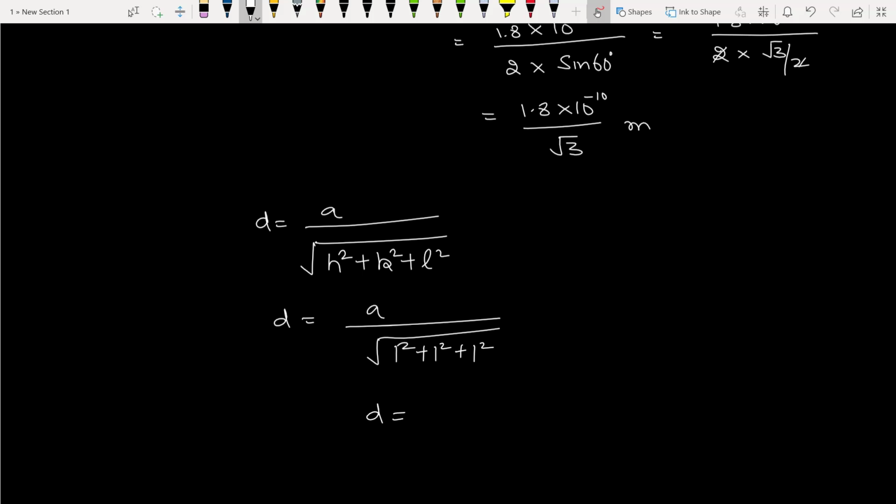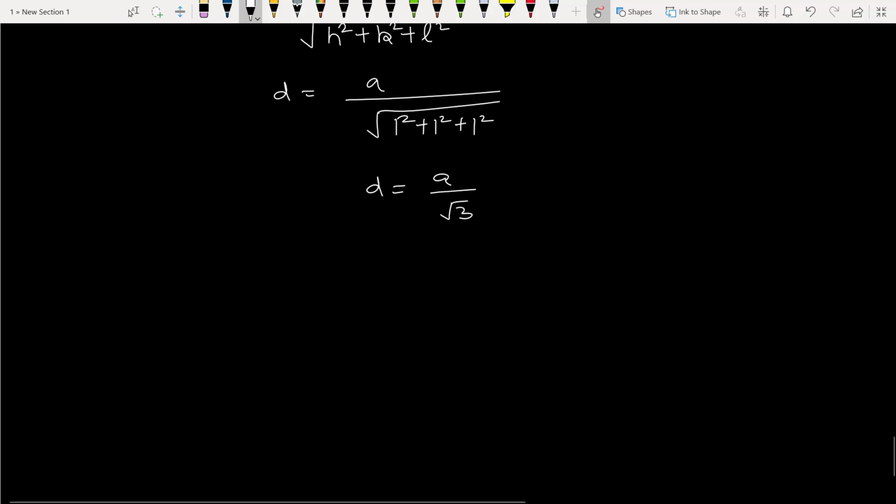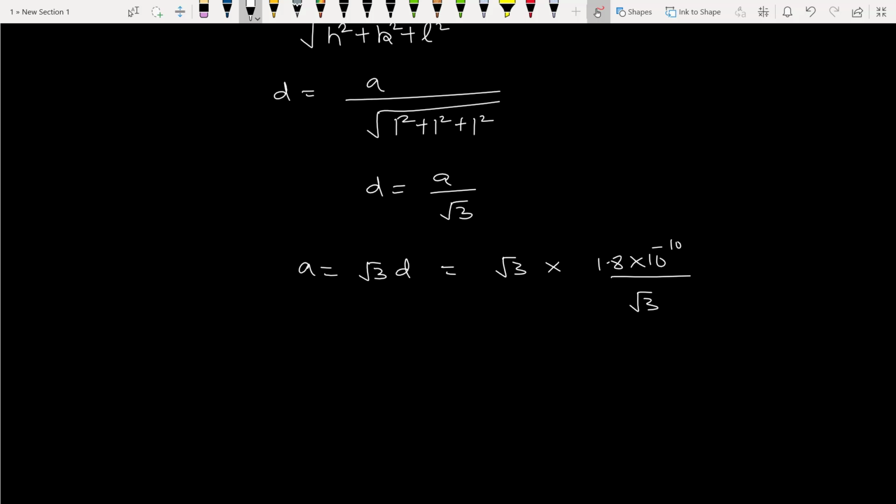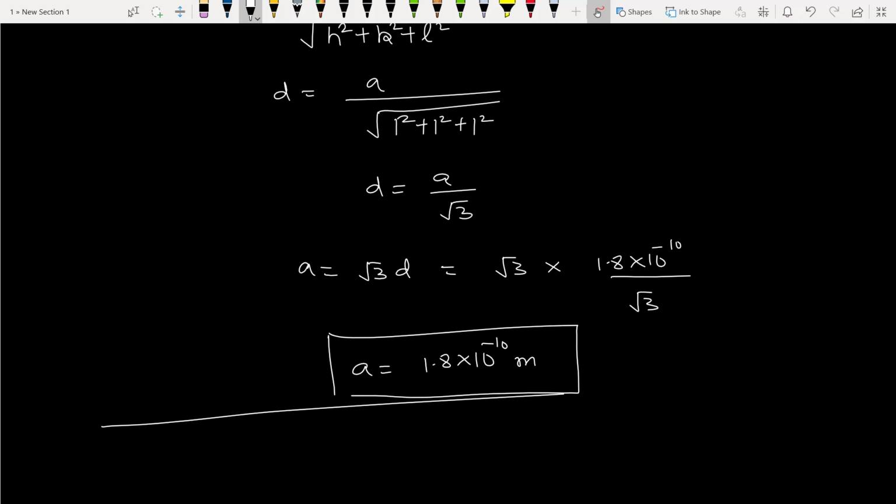So d is equal to a divided by root 3, so a comes out to be root 3 d. So root 3 into 1.8 into 10 raised to power minus 10 divided by root 3. So a is equal to 1.8 into 10 raised to power minus 10 meter. Dear students, this is the solution for interatomic spacing.